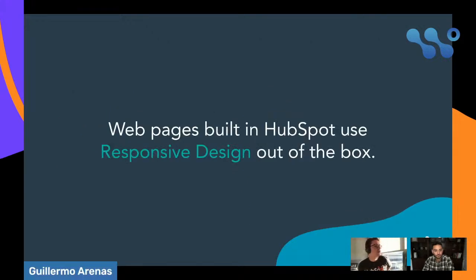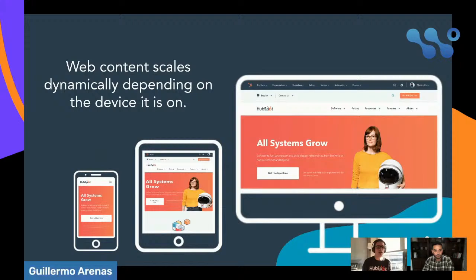Another great thing is that web pages built in HubSpot use responsive design out of the box. And responsive design is so important because web content scales dynamically depending on the device it's on. Now more than ever, we have different screens. The iPhone that was released last month has the biggest screen for an iPhone, and then there's the iPhone Mini, and the regular sized iPhones.